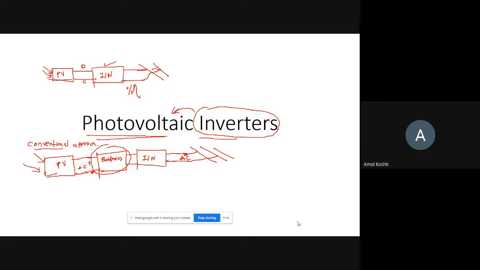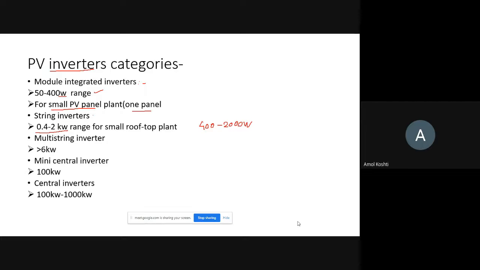Here we are looking at how the transformer-less inverter is constructed, how it is invented, and what are the different modulation techniques through which it can be driven. What are the different categories, how it can be categorized based on the load voltage and the operating voltage or the operating power ratings.